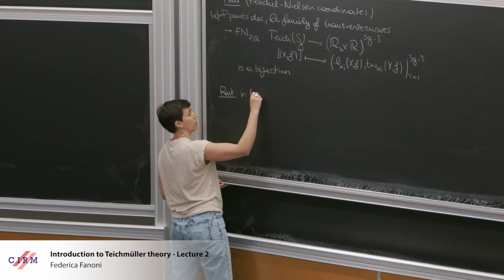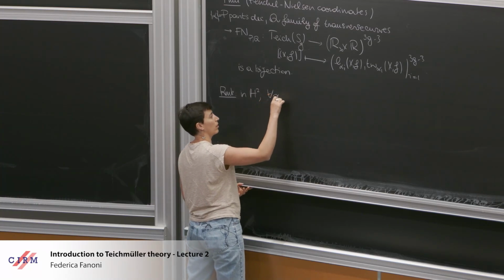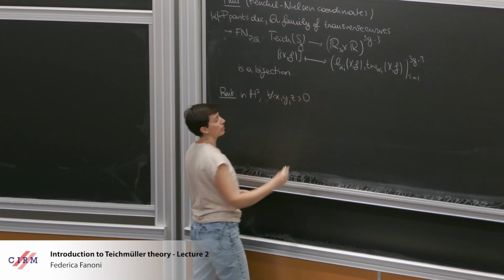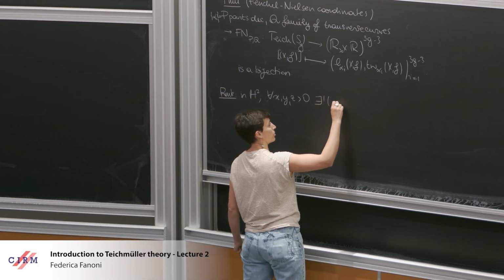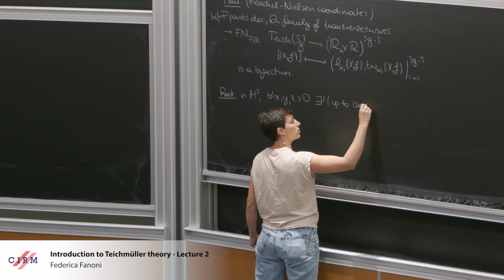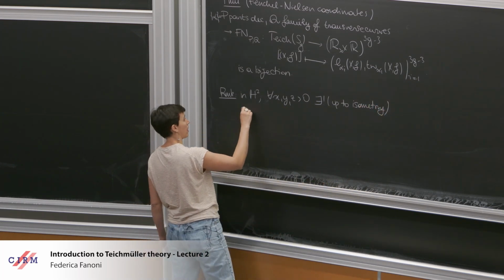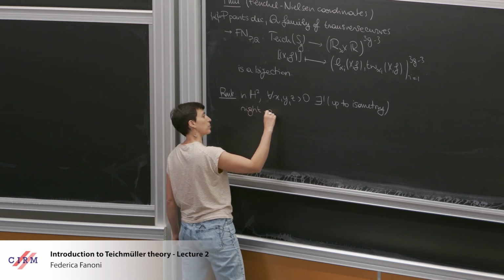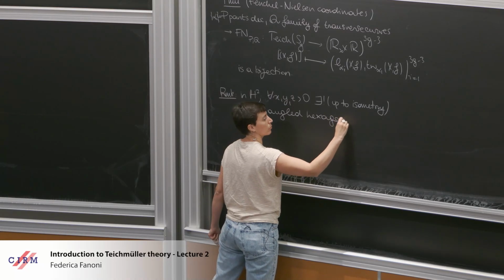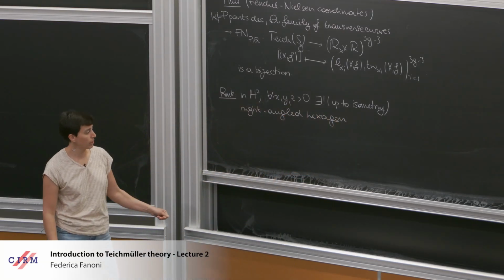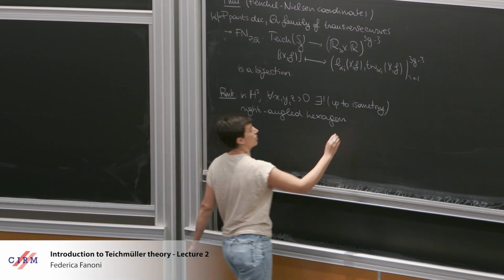In H2, if I take any three positive numbers as lengths, there exists a unique hyperbolic right-angled hexagon which is determined by these three lengths, meaning that the lengths of alternating sides are x, y, and z.